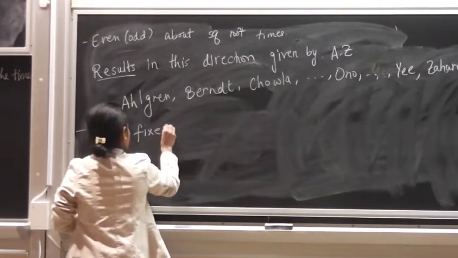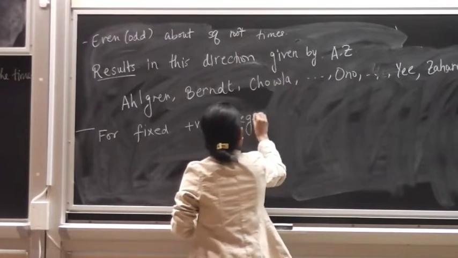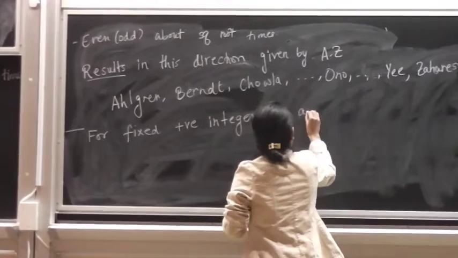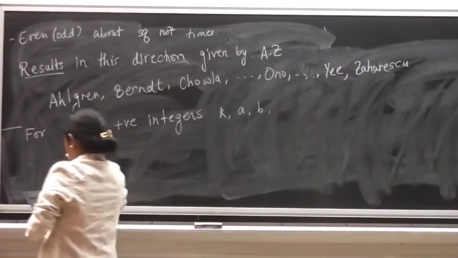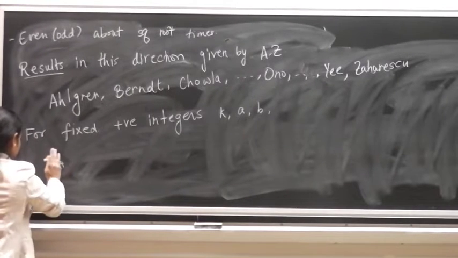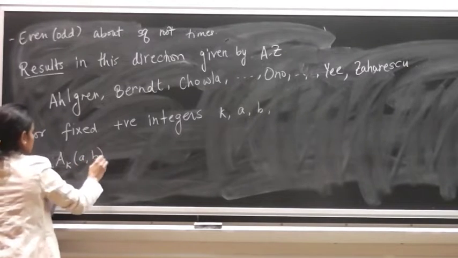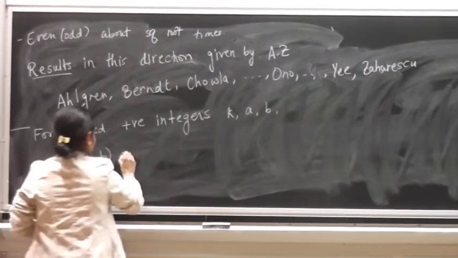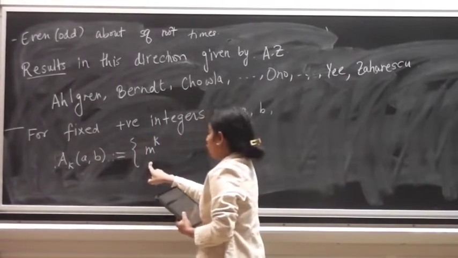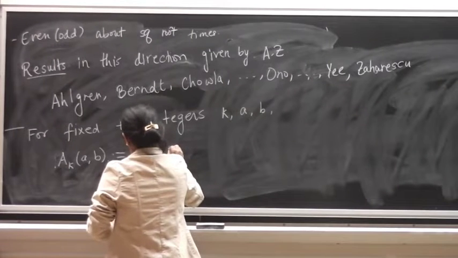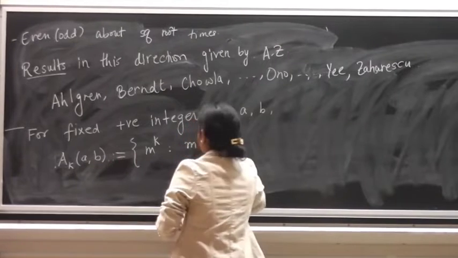So for fixed positive integers K, a and b, consider a set A, which depends on K and a, b, to be the set of all kth powers of integers m such that your m is actually in the arithmetic progression a mod b.